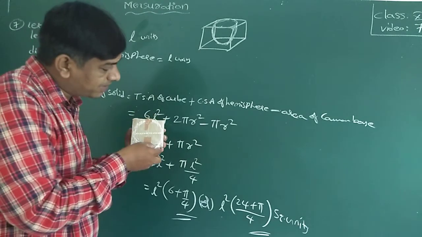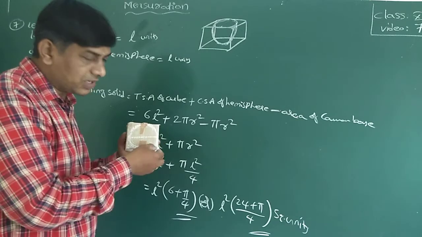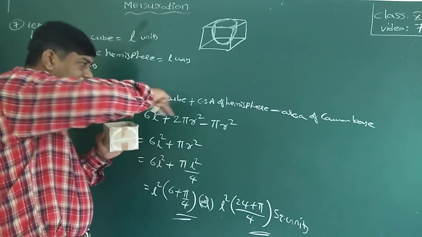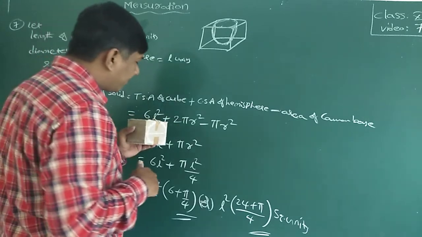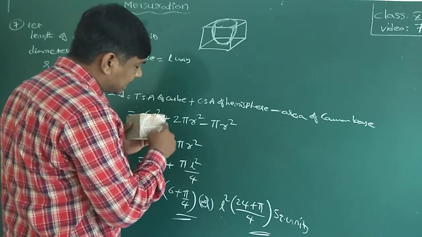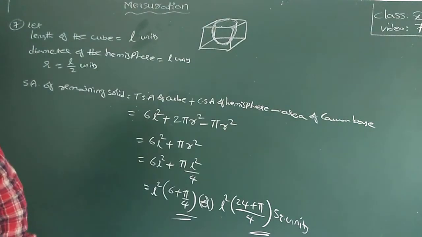Because only these portions are left with us, so you will not remove that. So TSA of the cube plus the CSA inside the mark minus this common area, pi r square. Simplify it and you will get the answer.